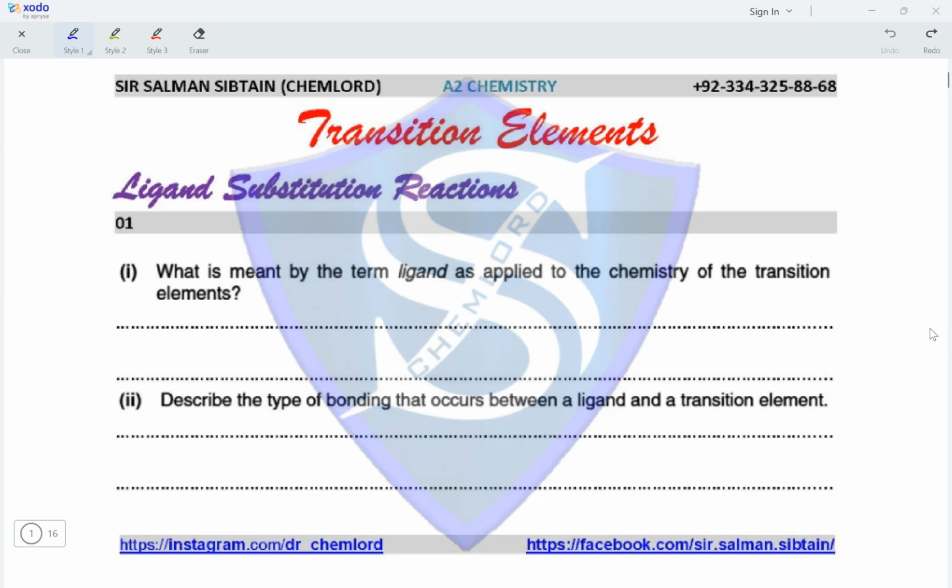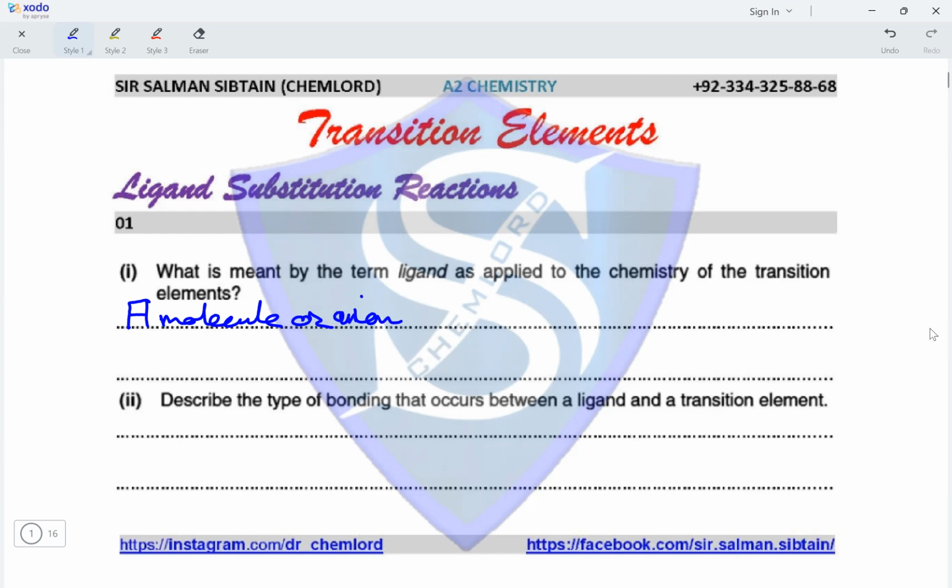Question 1. What is meant by the term ligand as applied to the chemistry of the transition elements? So, a ligand is a molecule or ion.